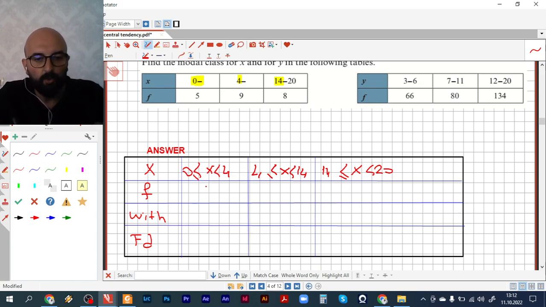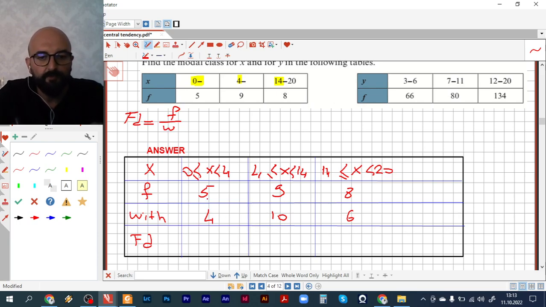And the frequencies are 5, 9, and 8. The widths are 4 minus 0, 14 minus 4, and 20 minus 14. Our formula for frequency density is frequency over width.